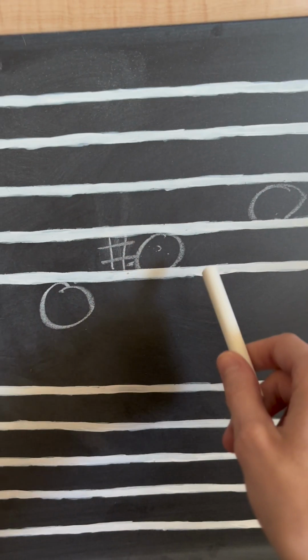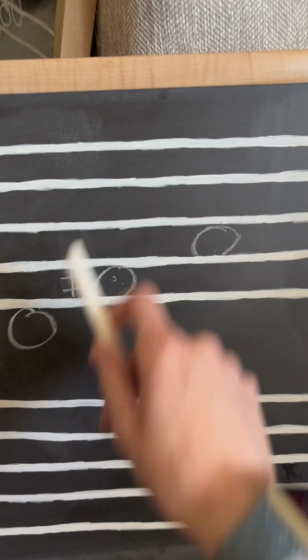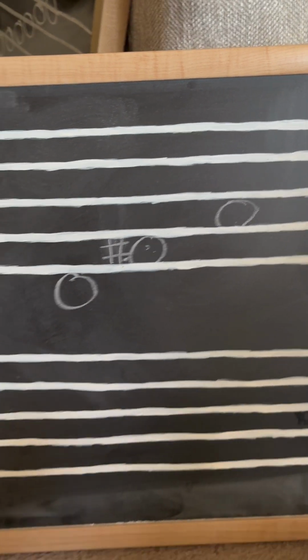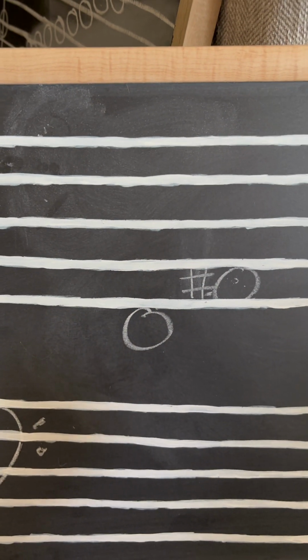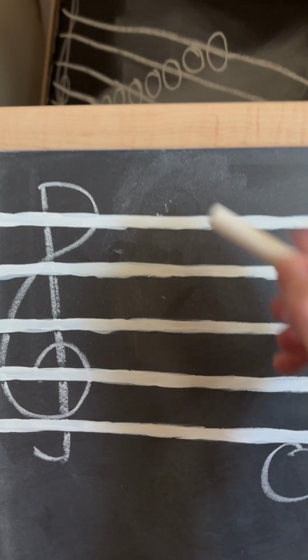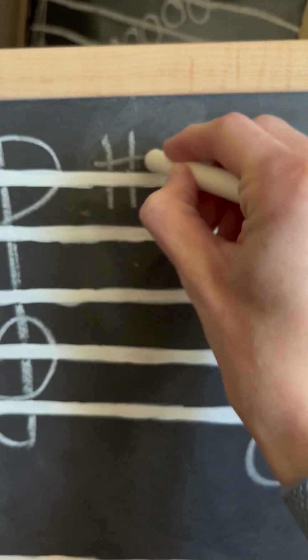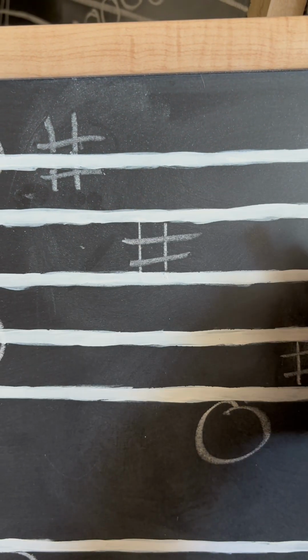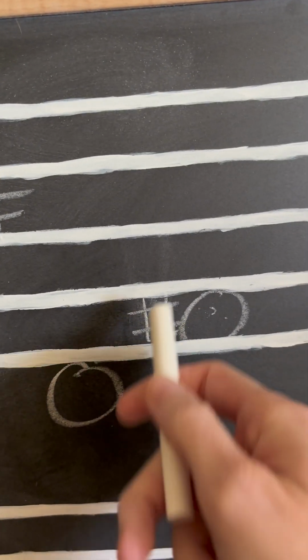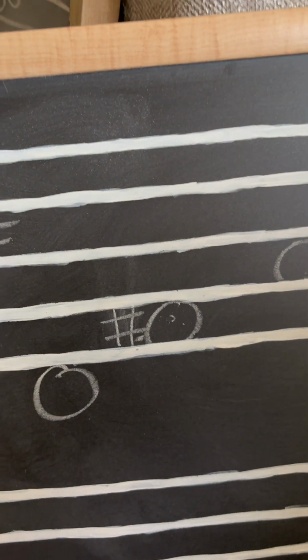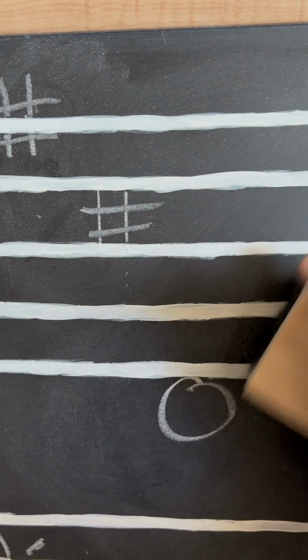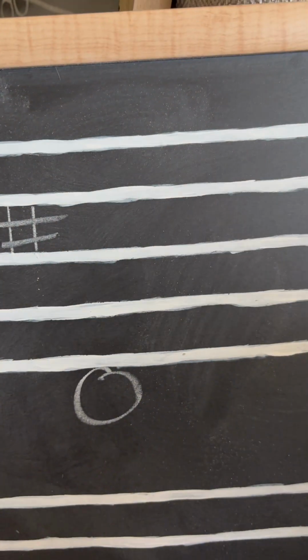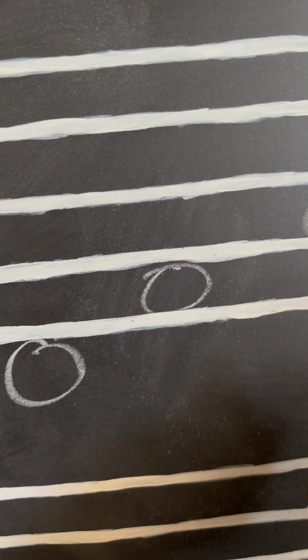Now you can have more than one accidental within the same measure. So let's say, for example, you're in the key of D major. So you've got the F sharp and C sharp. So that we don't need this sharp symbol here on this F, it's understood. Just like that.